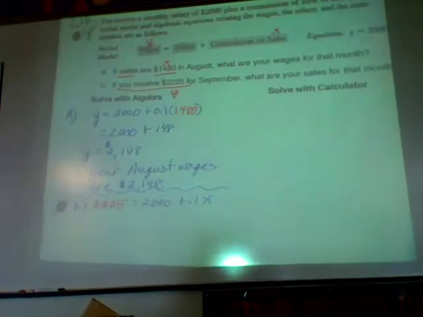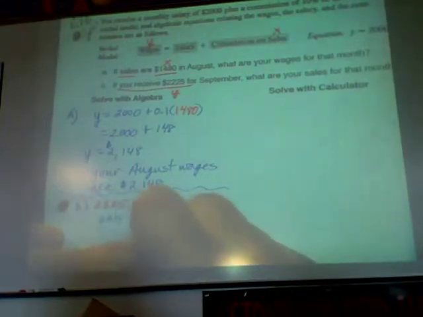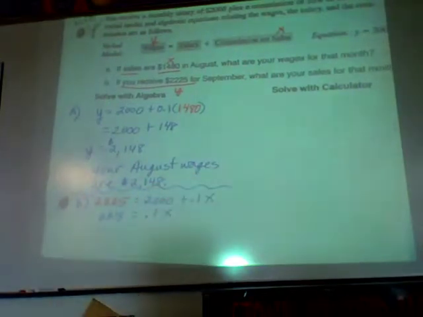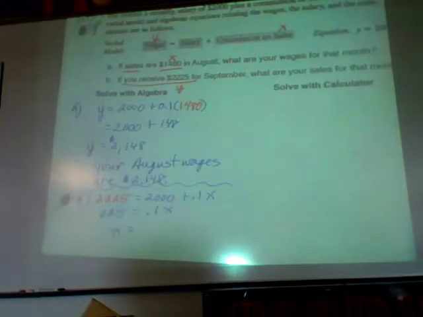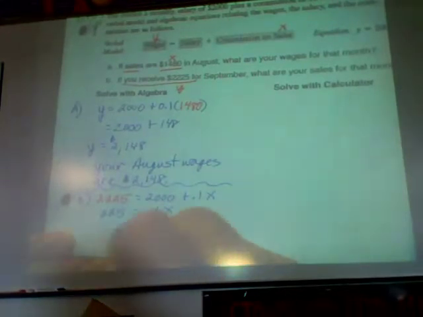So how do you solve? Subtract 2,000, so we get 225 equals 0.1x. And then how do you solve for x? Divide both sides by 0.1. What's 225 divided by 0.1? Not 250. 2250, right?